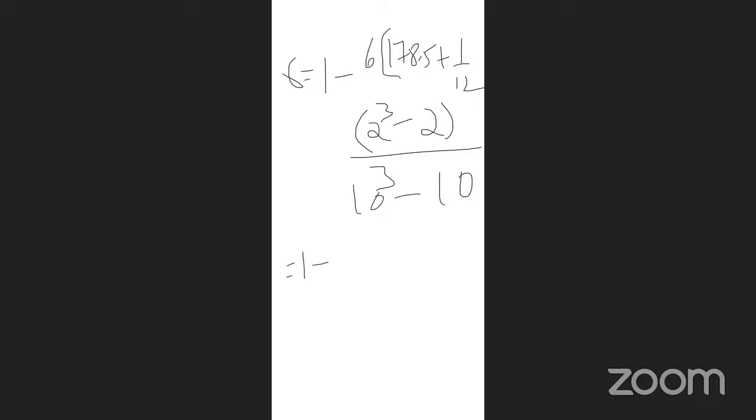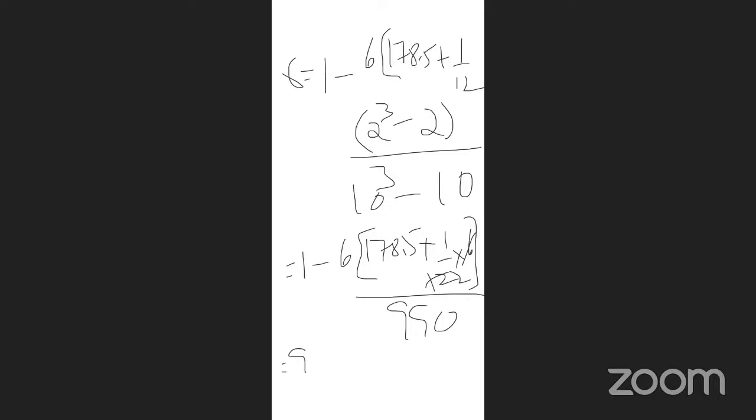Now 1 minus 6 into 178.5 plus, this is 1 by 12 into 8 minus 2, which is 6. That means 1 by 12 into 6, which is 1 by 2, divided by 1000 minus 10, which is 990.